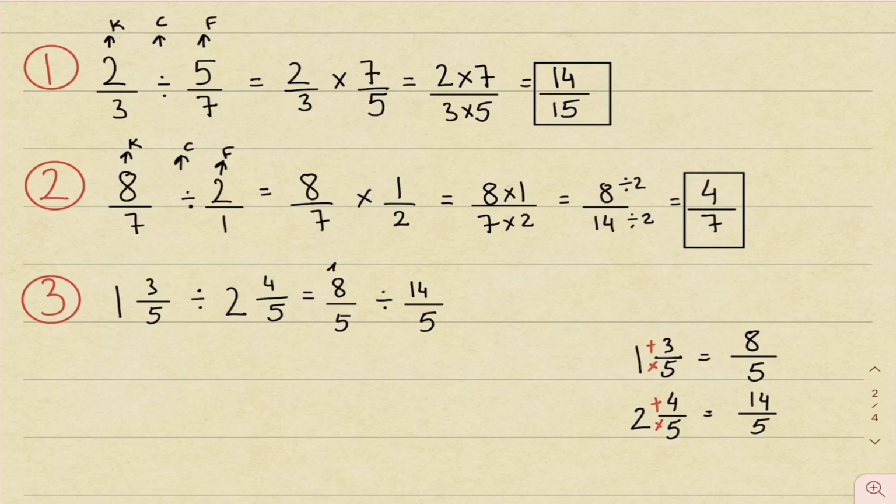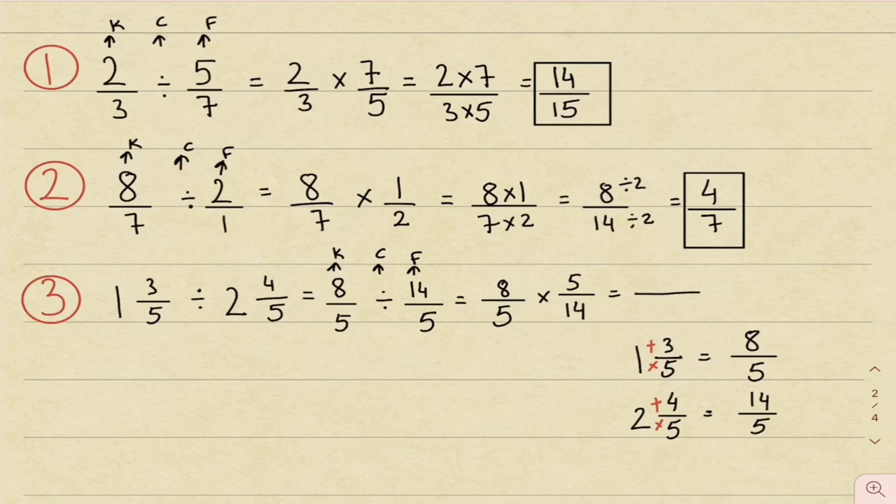So what we're going to do here now, we're going to keep, change, flip. So 8 over 5 stays as it is. We're going to change the division into multiplication, and we're going to flip 14 over 5, which is going to be 5 over 14.